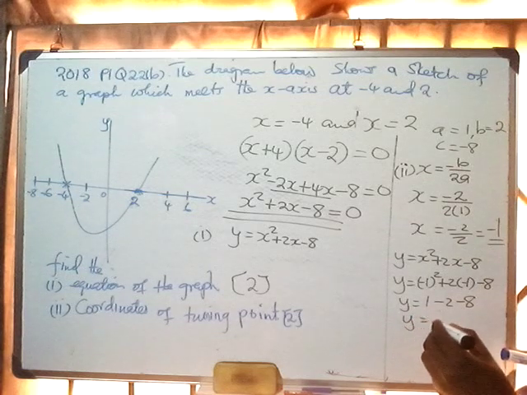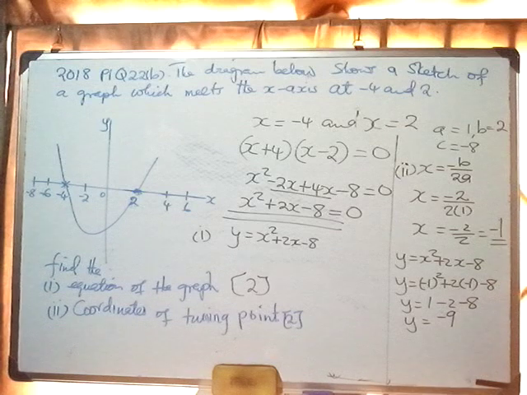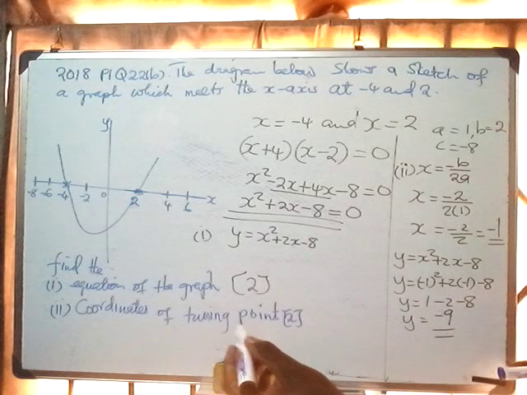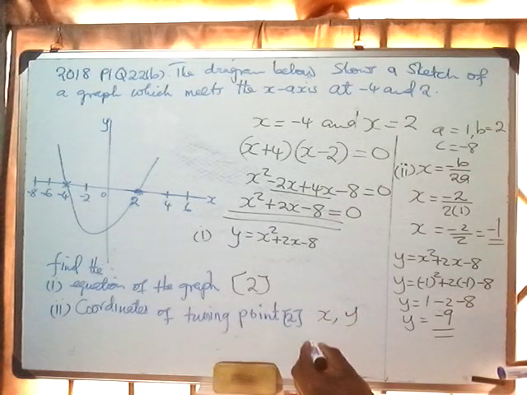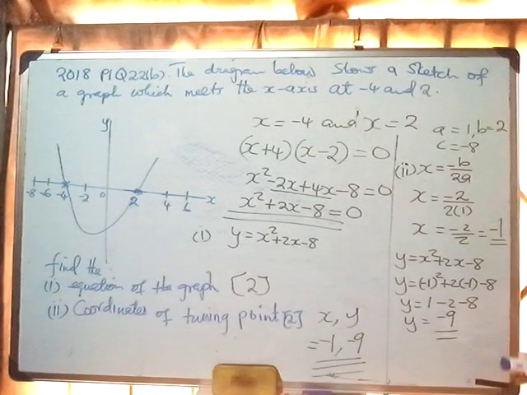So the final answer for the value of y is negative 9. Now, the question was to find the coordinates of the turning point, which is supposed to be (x, y). So our final answer will be (negative 1, negative 9). This marks the end to our question.